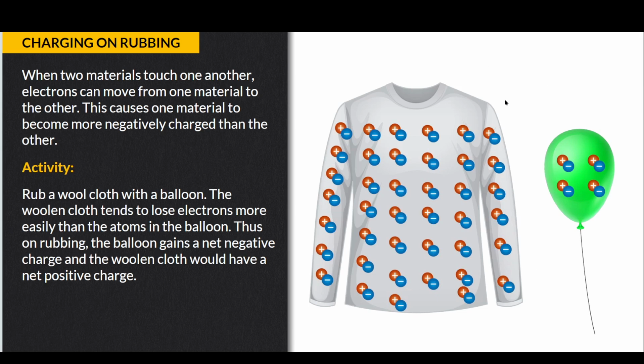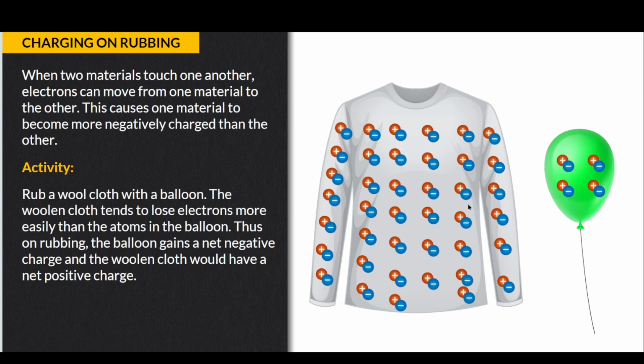Like in this activity, when we rub a woolen cloth with a balloon, the woolen cloth tends to lose electrons more easily, because it depends on the material. Some materials can lose electrons more easily than others. So basically here, the woolen cloth will lose electrons more easily. I'll be talking about why some materials lose electrons more easily than others.